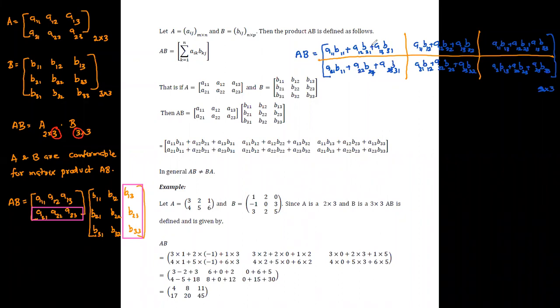Here I have used notations to perform this calculation. Once you are familiar with the notations, this can be represented in this form: AB equals the summation of Aik into Bkj, where k goes from 1 to n.